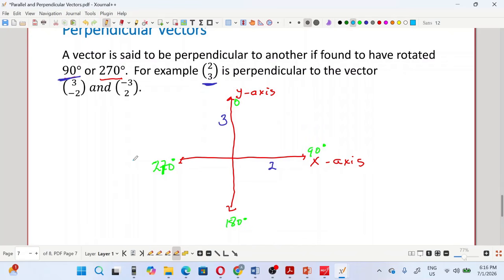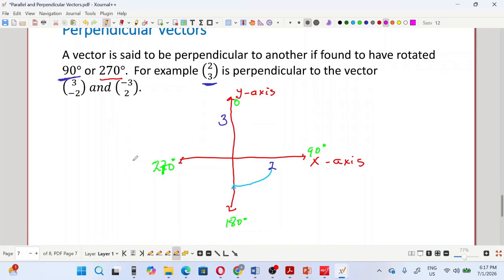So if I have this particular vector, if I'm moving it 90 degrees, because it says if found to have been rotated 90 degrees, let's try the 90 degree first. If I rotate this 90 degrees clockwise, it means I'm moving it once. So if I take 2 and I'm moving it once, meaning 2 will now fall here, right? Remember here is positive, but this part of the Cartesian plane is negative, the negatives of the y.